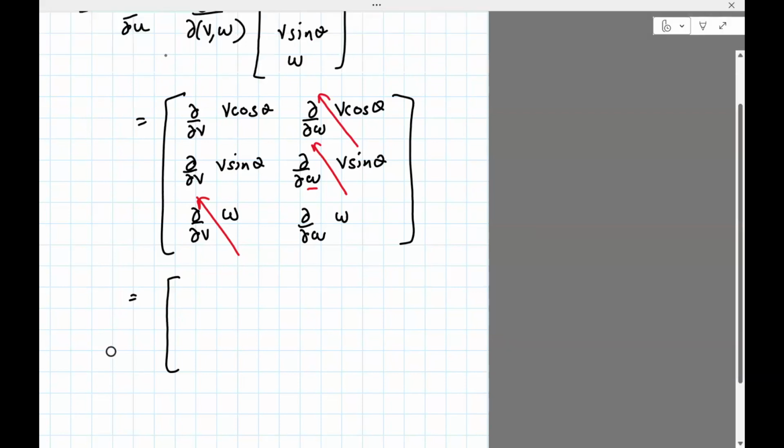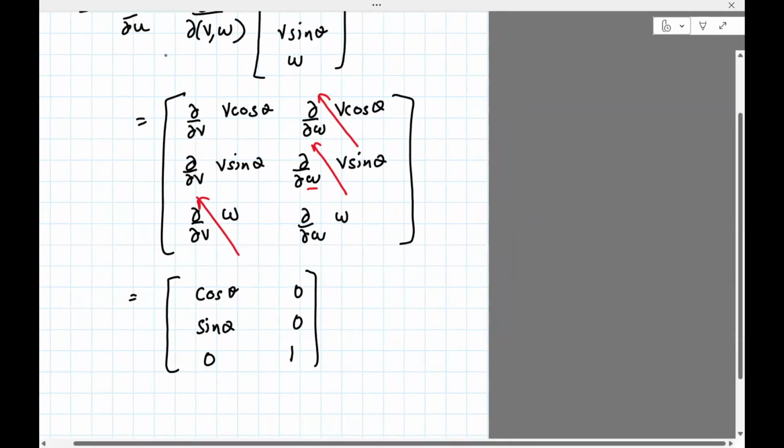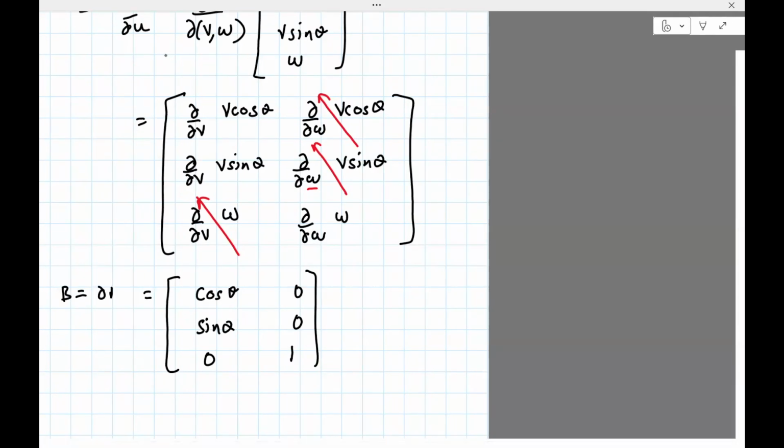The first term is the derivative of v cosine theta with respect to v, which is cosine theta, and then 0. Sine theta for the next one, 0, 0, and 1. So this is B, df du, evaluated at 0.